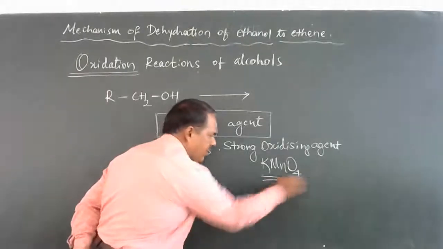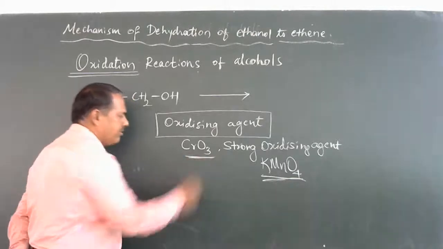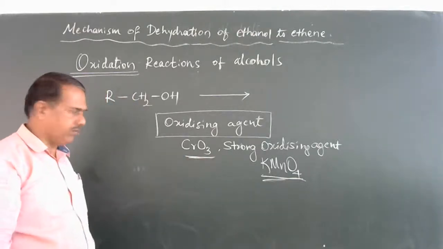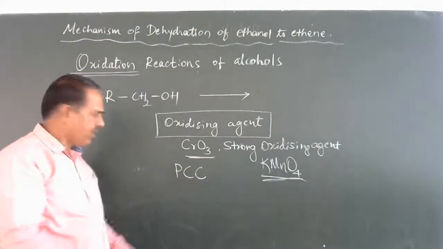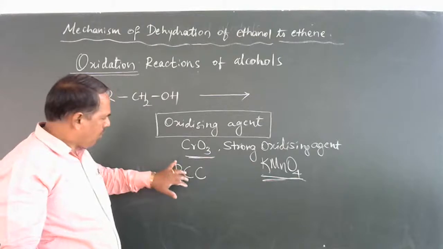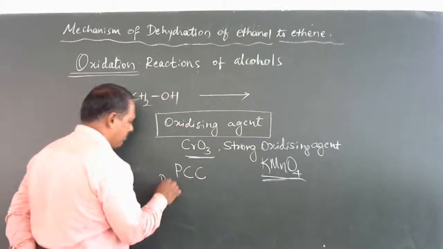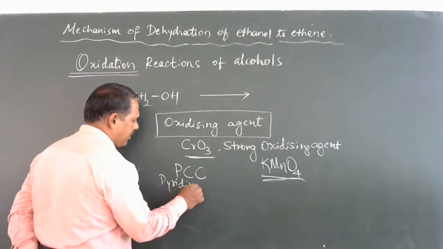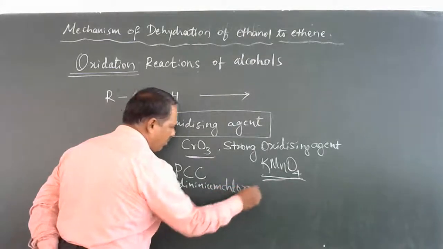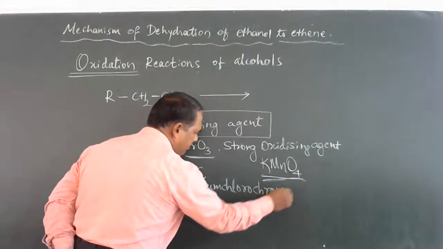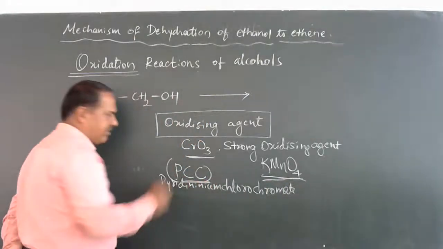Potassium permanganate is a strong oxidizing agent, and CrO3 is used in anhydrous medium. And again PCC, pyridinium chlorochromate, which we will abbreviate as PCC.